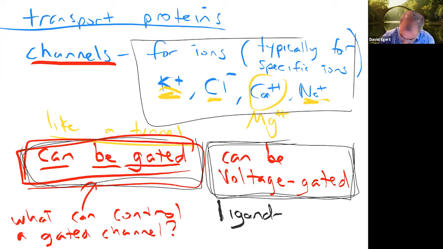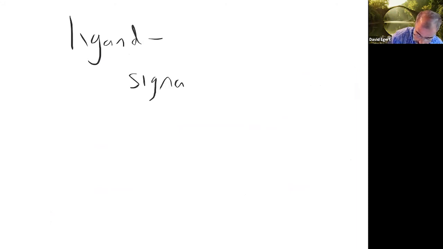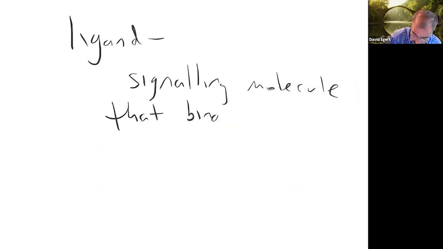Ligand gated. So they can be voltage gated, they can be ligand gated. Ligand would be like a neurotransmitter or a hormone or some little signaling molecule. So again, ligand is typically some signaling molecule that usually binds some kind of receptor.